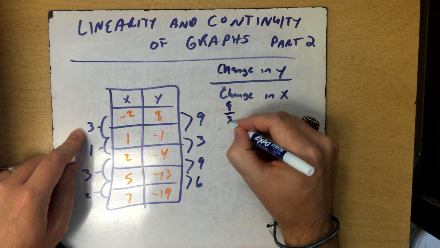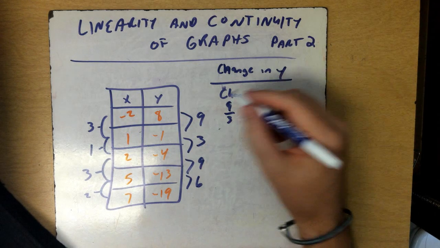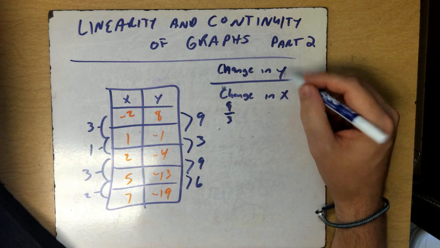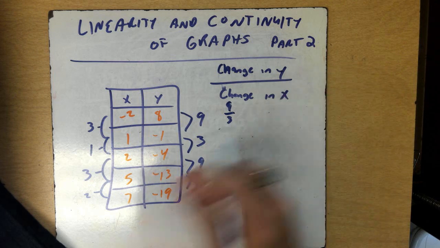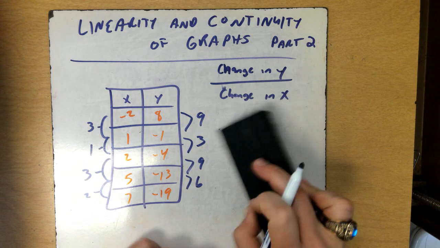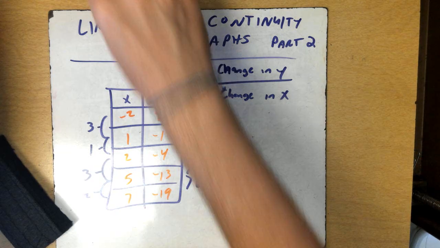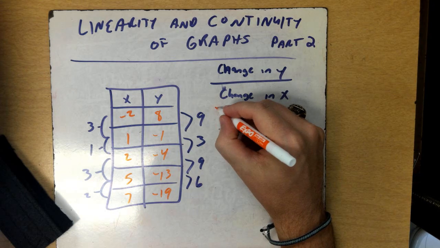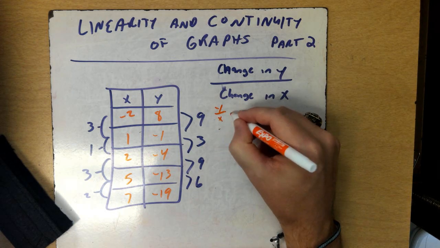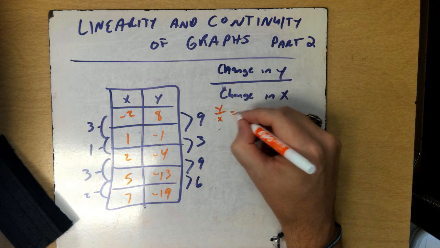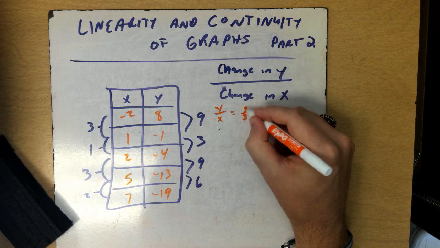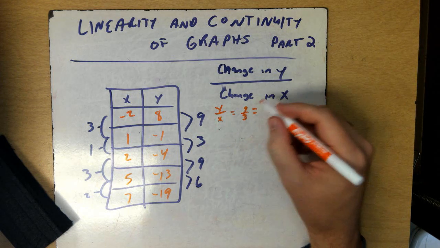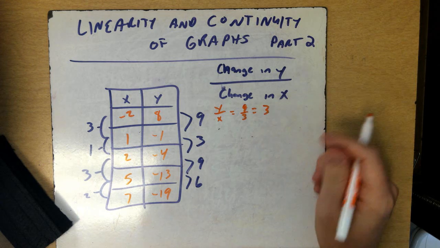I'll write this out to make it easier to see. y over x equals 9 over 3. If you divide that, you get 3.